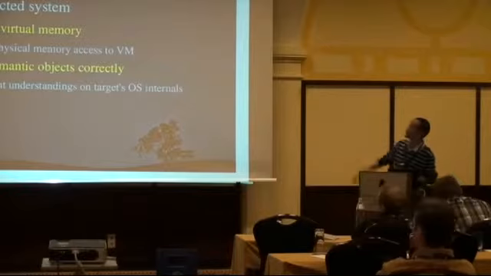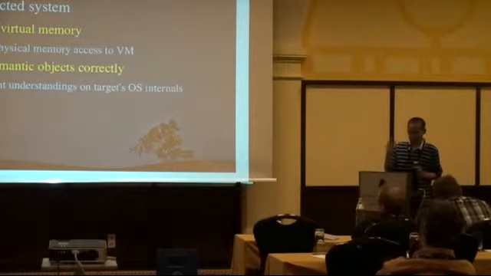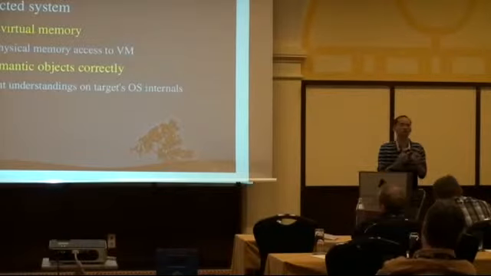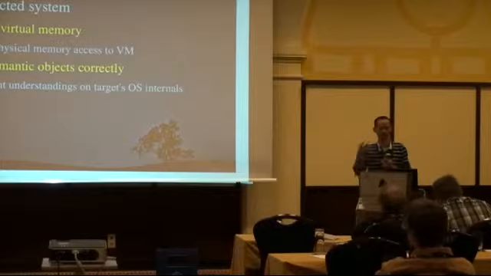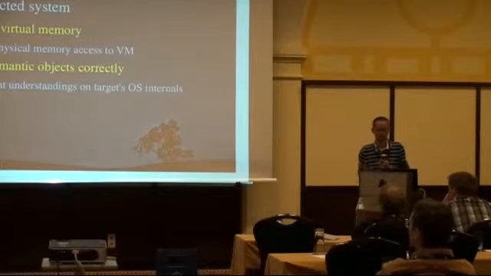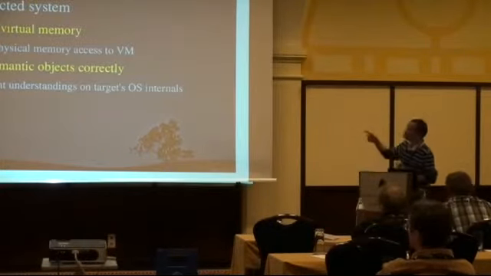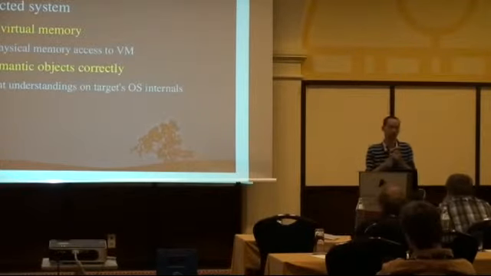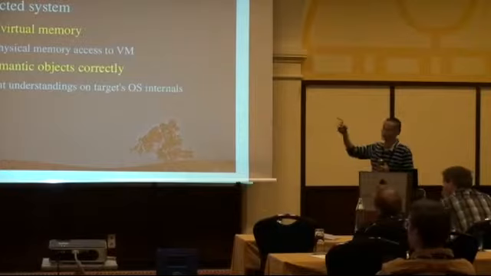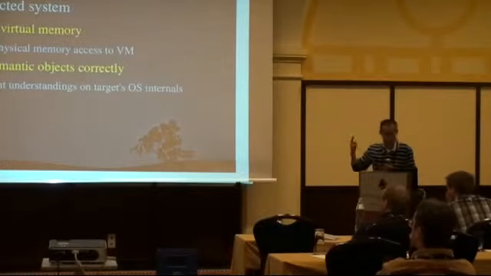There are two challenges. First, because you want to understand the memory, you have to understand the virtual memory, virtual address. Everything inside the system is about virtual addresses, not physical addresses. But we only have access to the physical memory from outside, and you have to understand the virtual memory. That is the first problem.